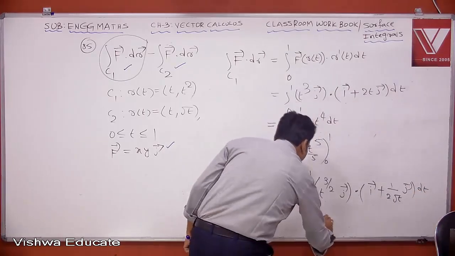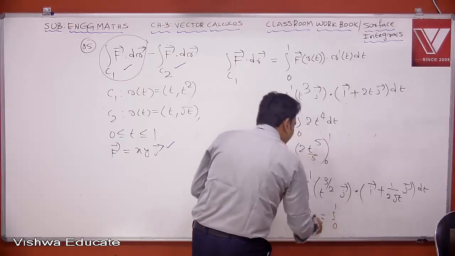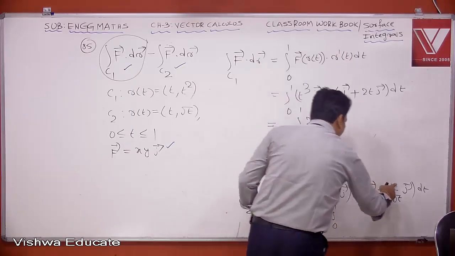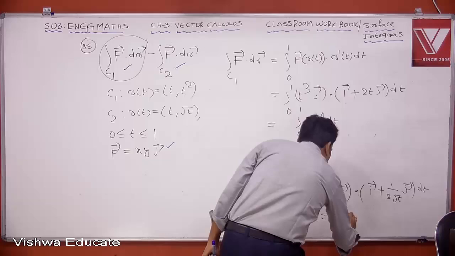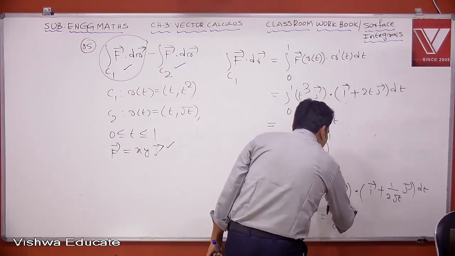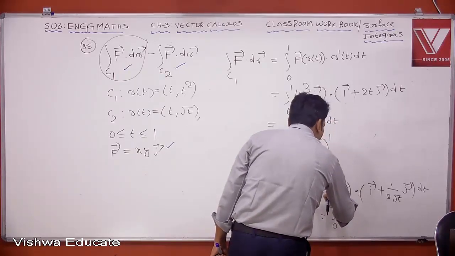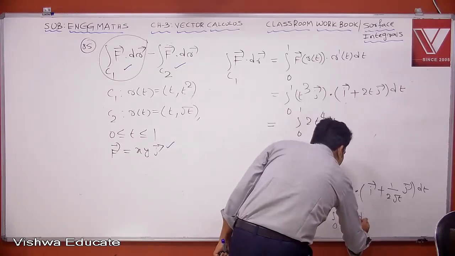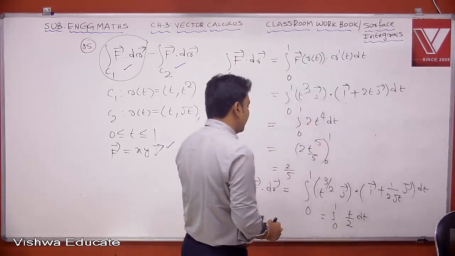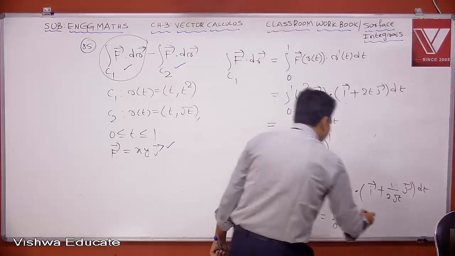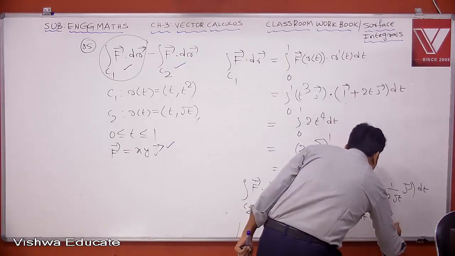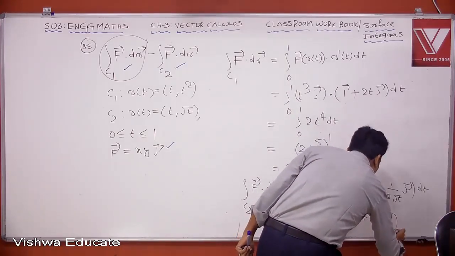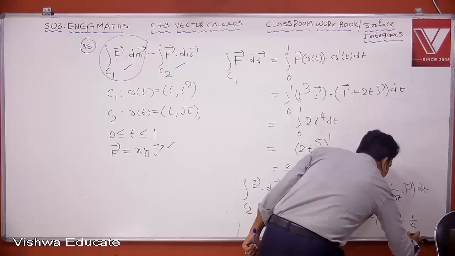So therefore, this is integral 0 to 1 of t power 3 by 2 into 1 by 2 root t. So t power 3 by 2 over 2 root t gives t by 2 dt. Therefore, this is nothing but t square by 4, limits from 0 to 1. Therefore, this is 1 by 4.